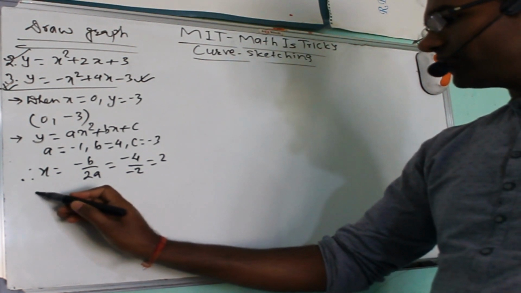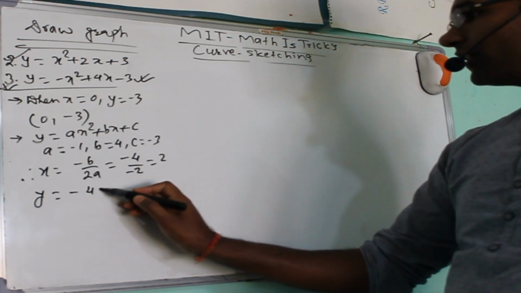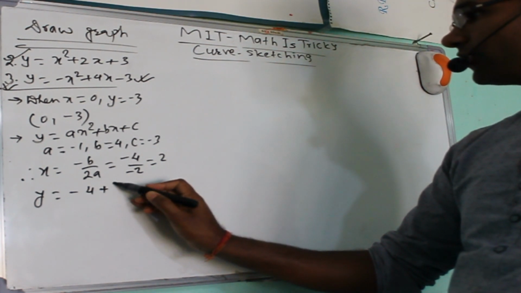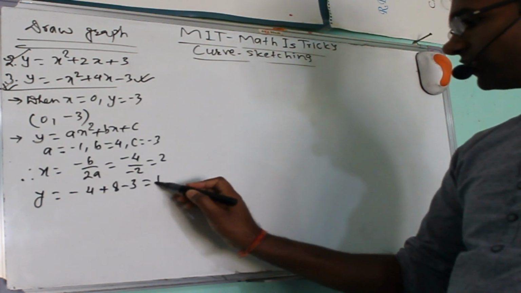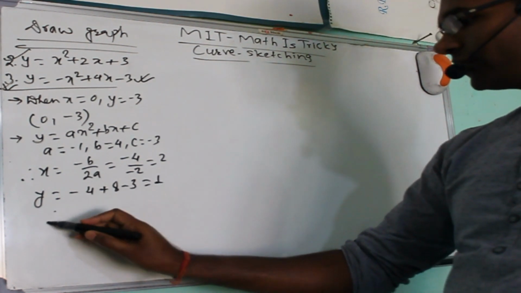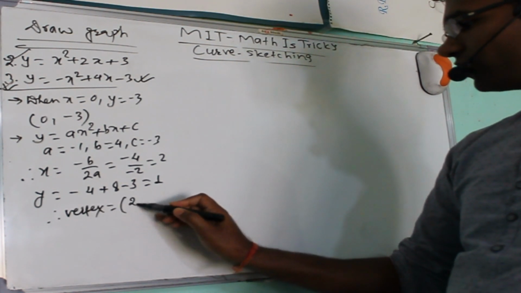And so y equals how much? Putting 2, we get minus 4 plus 8 minus 3. So it gives 8 minus 7, which is 1. So the vertex is (2, 1).